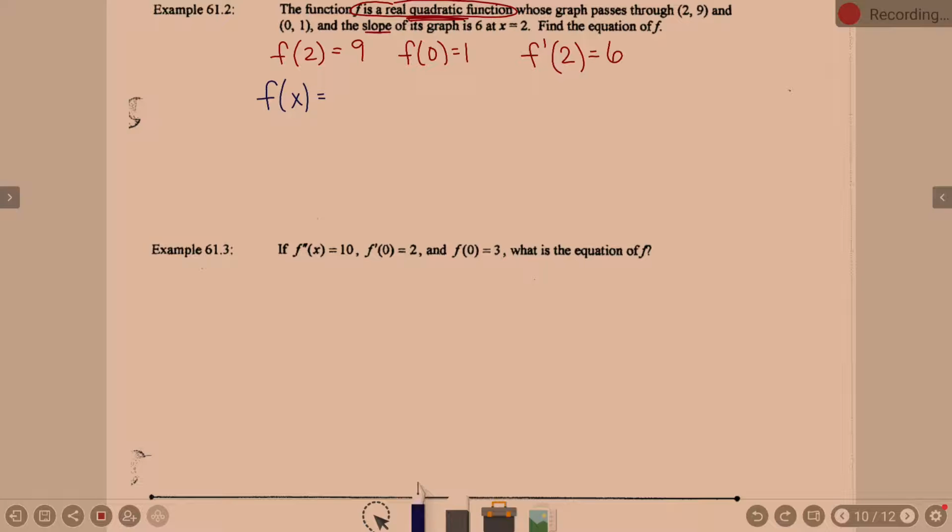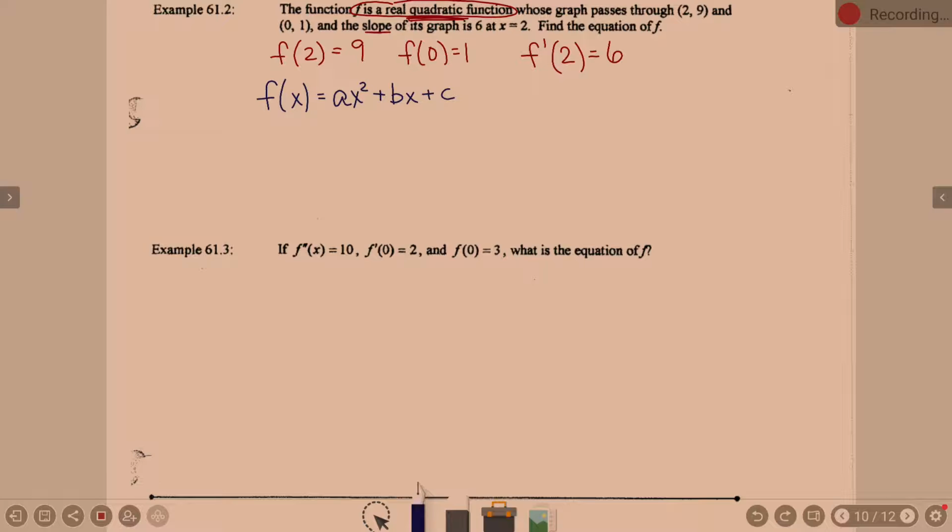What's a standard form of a quadratic function? My hint was going to be, if you think about the quadratic formula, where do we get those a, b, c's from? So ax squared plus bx plus c.